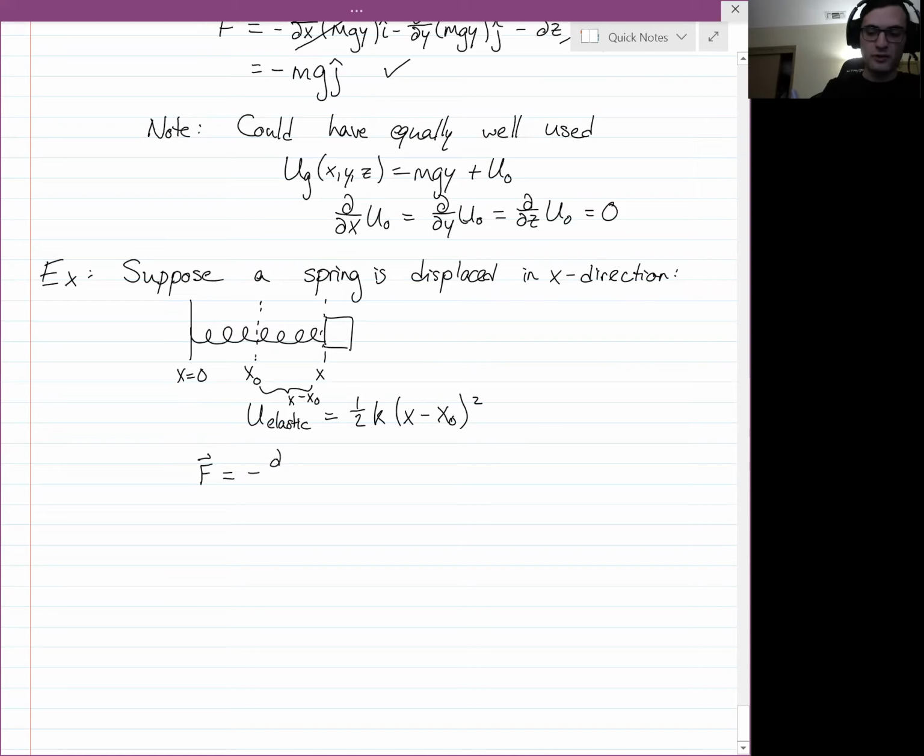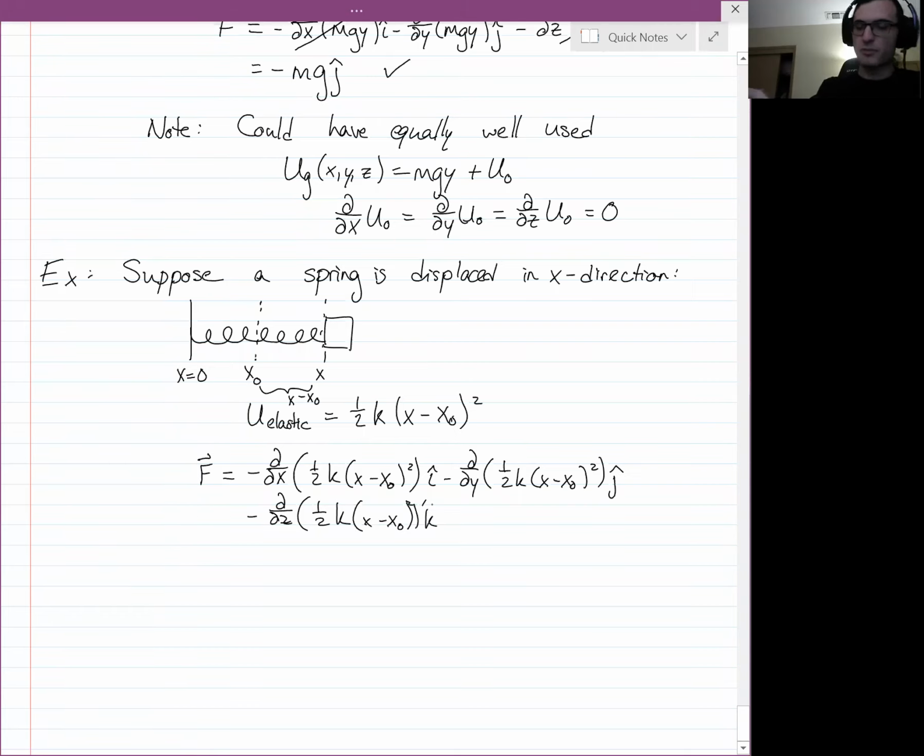So the force is negative partial derivative with respect to x of 1/2 k times x minus x naught squared in the i hat direction, minus partial derivative with respect to y of 1/2 k times x minus x naught squared in the j hat direction, minus partial derivative with respect to z of 1/2 k times x minus x naught squared in the k hat direction. All right, so let's take some derivatives.